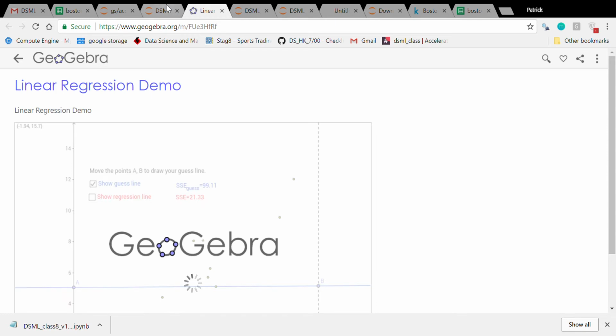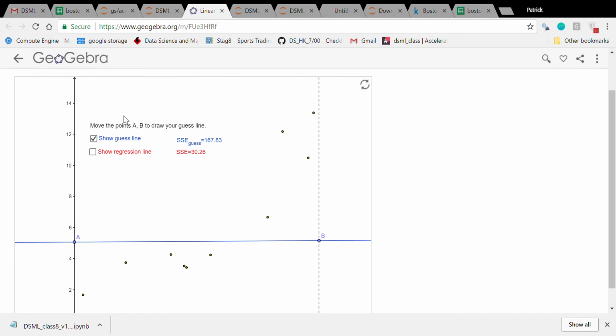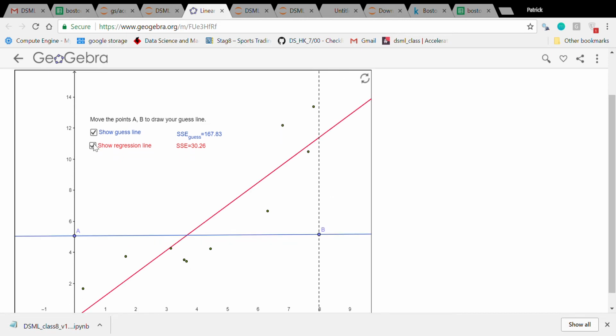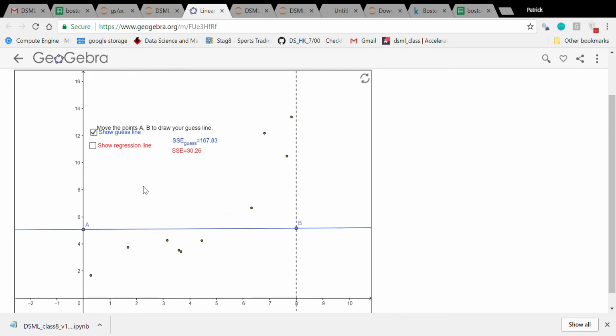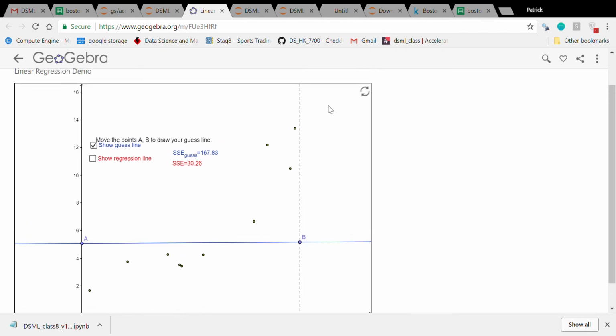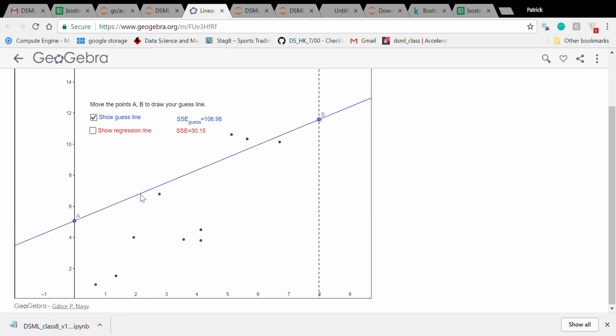Okay, the next thing we'll talk about is regression. If you refresh the dots, you can try to plot your own regression line.